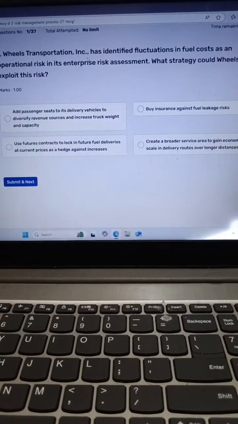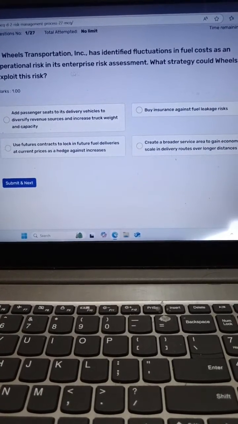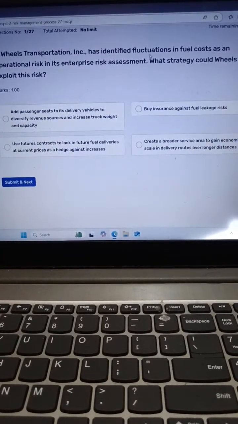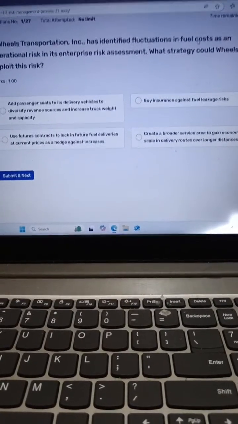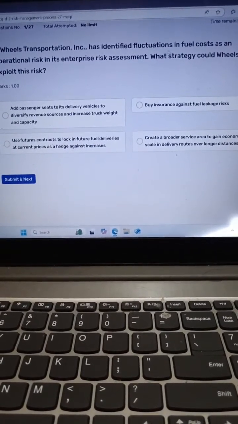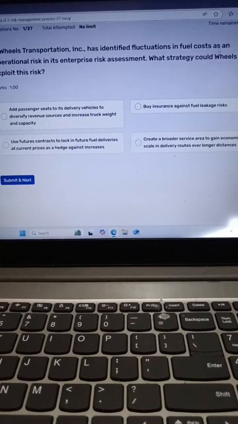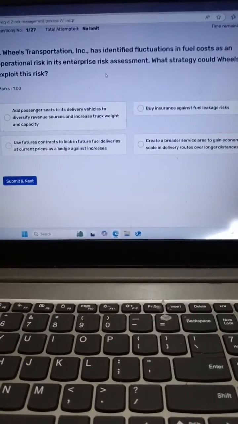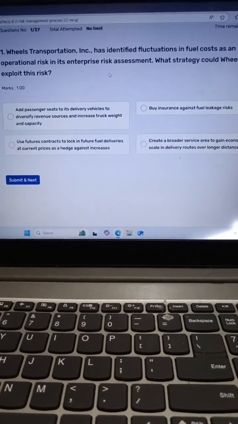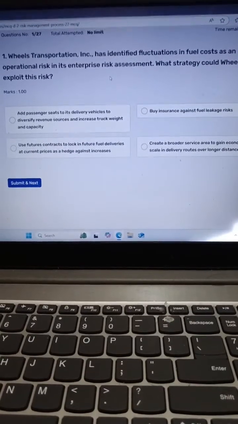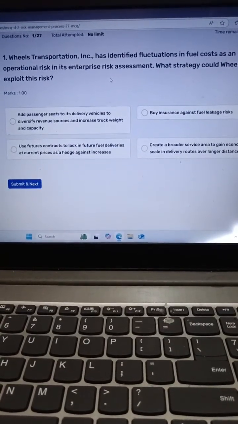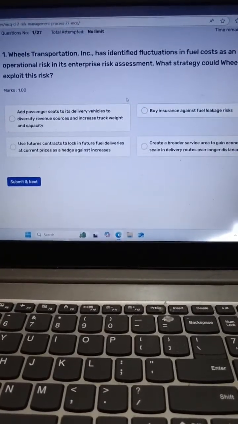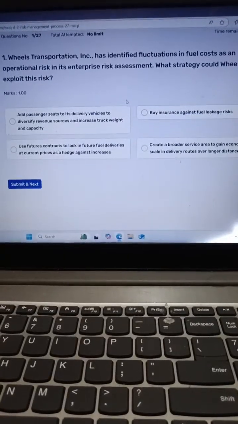The transportation agency has identified the fluctuation in fuel cost as an operational risk. It says fluctuation in fuel cost, which means there is a cost fluctuation in future, a risk assessment. And we have to identify what strategy can be used to reduce this risk.